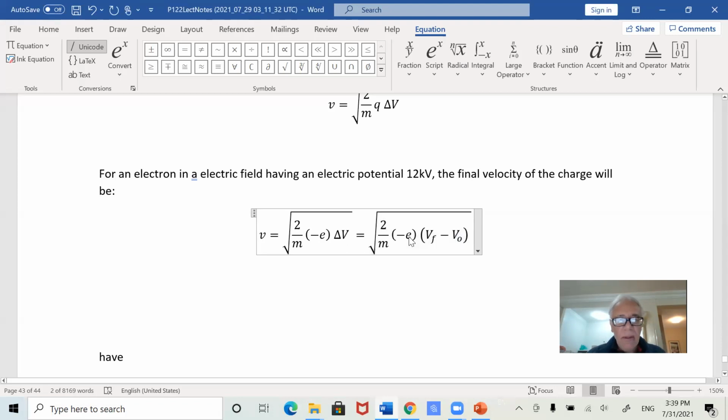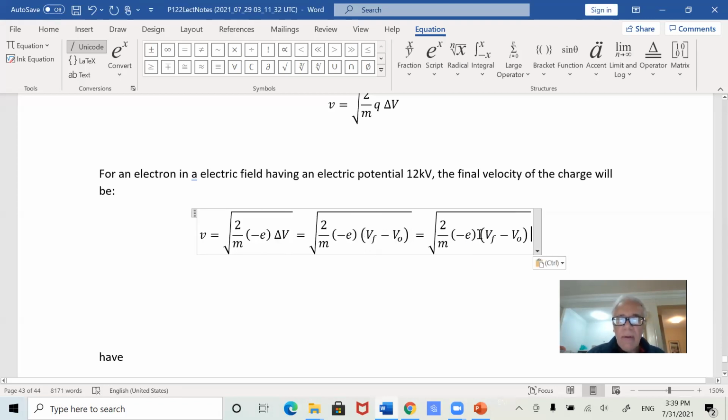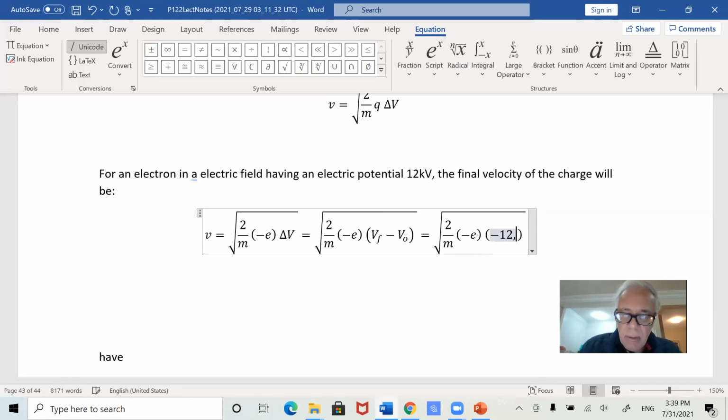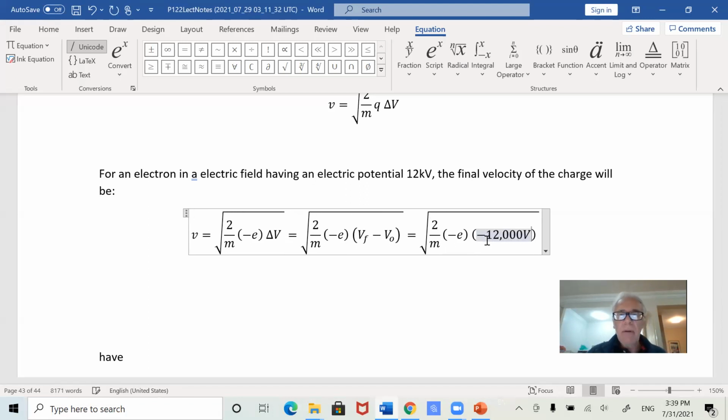And this difference is going to be minus 12,000 volts. So now this negative sign cancels out with the other one.